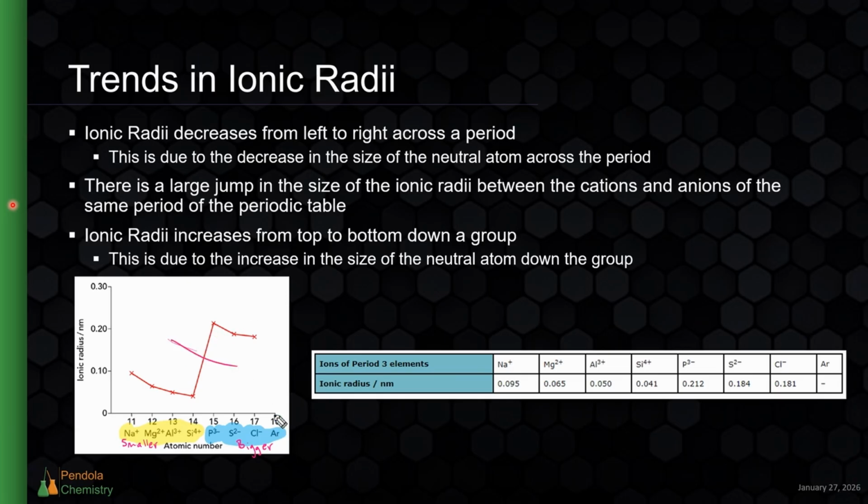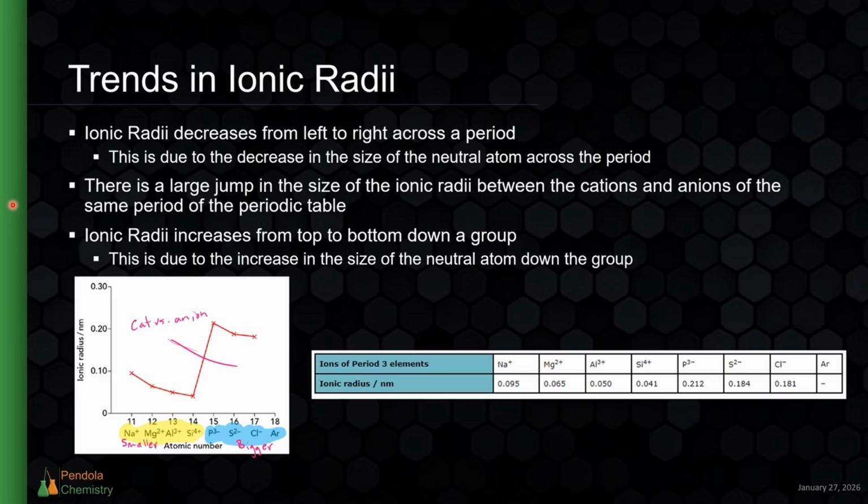From the cation side, the cations have in general a smaller radius than the anions because they shrink when they're made, whereas anions get larger when they're made. So this trend of the jump happens because of the cation versus anion difference.